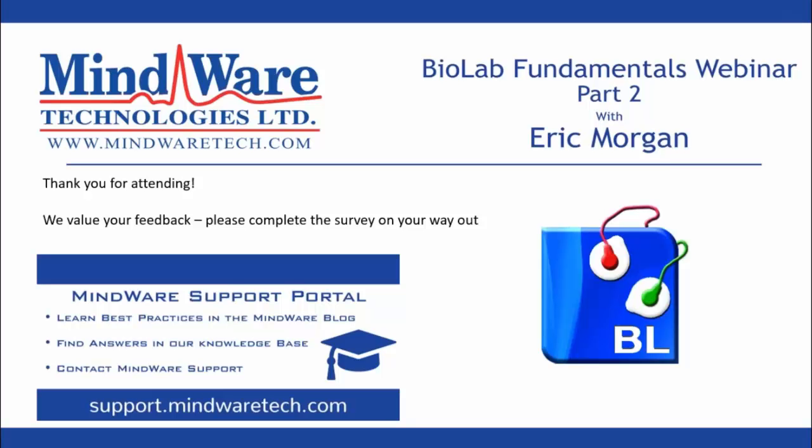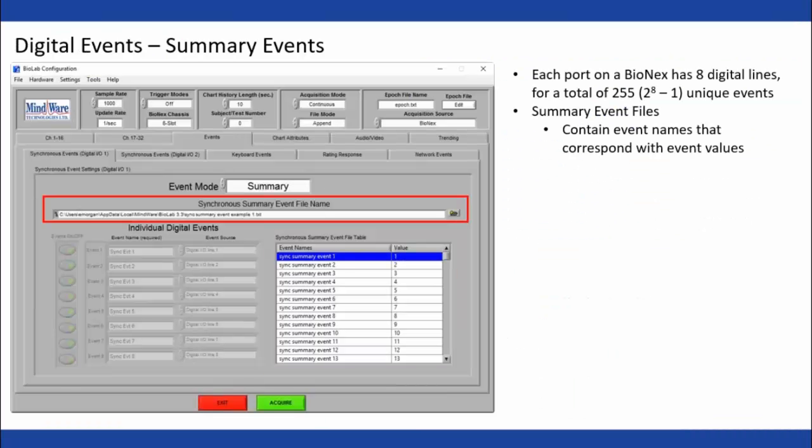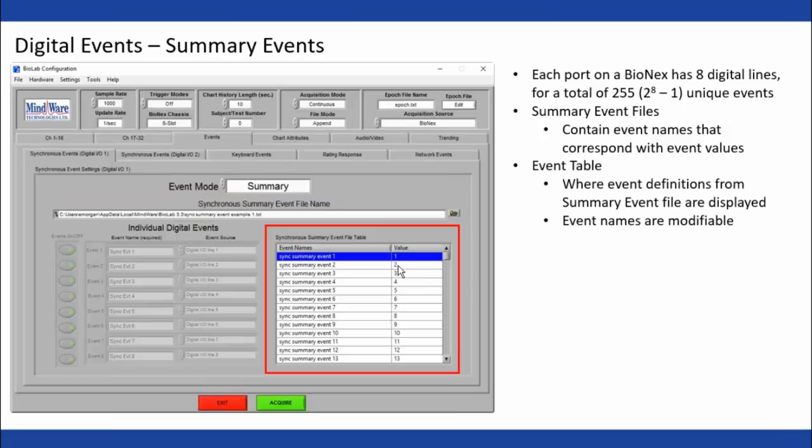But if you're using the same channel configuration for all of your studies, and you're just changing the way event markers are perceived or labeled, then you could just load a different summary event file on the Events tab. So you can always just change this summary event file name to a different name or to a different file that you've saved, and that would change all of the events that populate on that event file table.